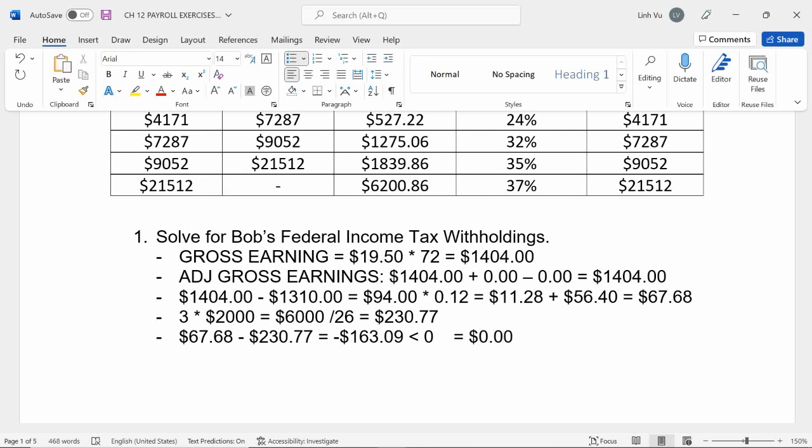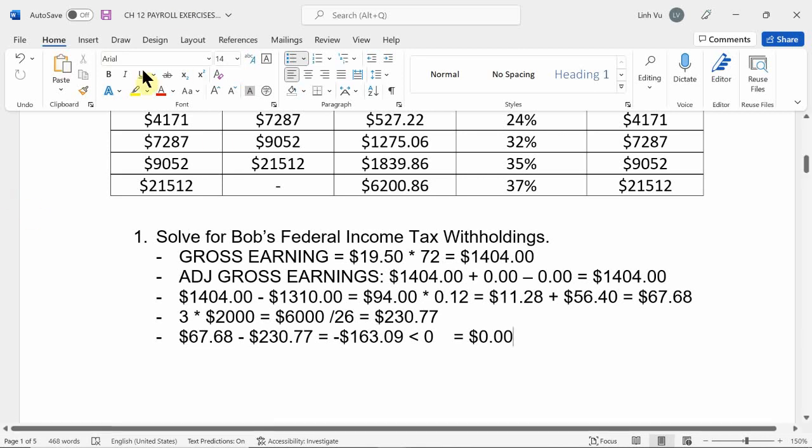So we don't need to withhold any income tax for Bob because he claimed all his children. But that's only his federal income tax.